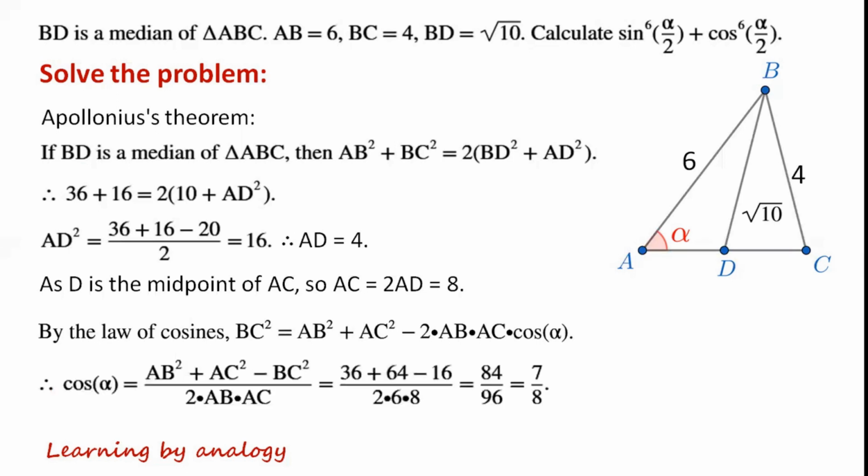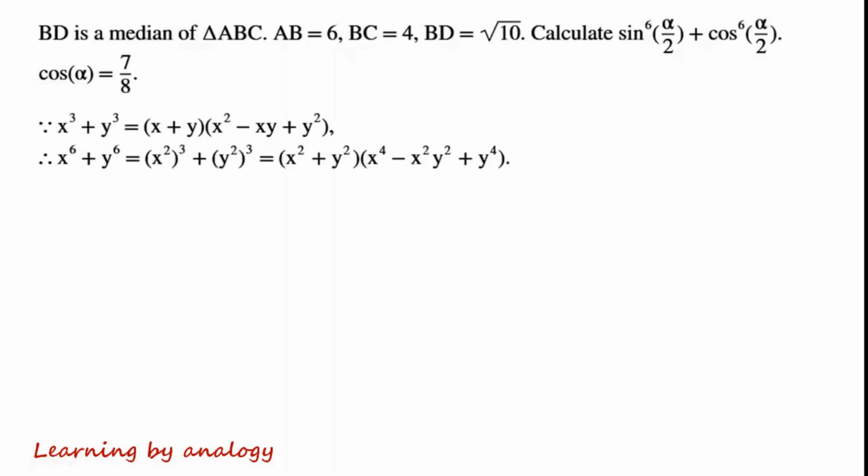By rearranging the equation, we have cosine alpha equals (AB squared plus AC squared minus BC squared) over (2 times AB times AC), which is equal to (36 plus 64 minus 16) over (2 times 6 times 8), which is equal to 84 over 96, which can be simplified to 7 over 8.